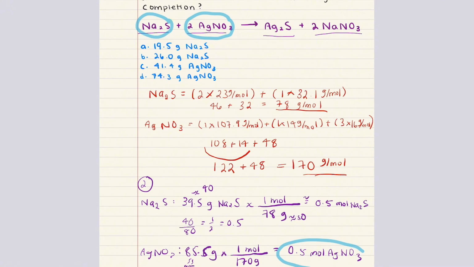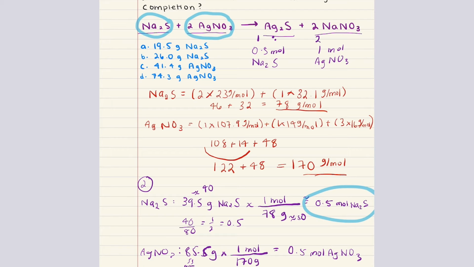If we have 0.5 moles of sodium sulfide, the amount of moles of silver nitrate that we would need is 0.5 multiplied by 2, since the ratio is 1 to 2, sodium sulfide to silver nitrate. So if we had 0.5 moles of sodium sulfide, we would need 1 mole of silver nitrate to react because we have a 1 to 2 ratio of sodium sulfide to silver nitrate.